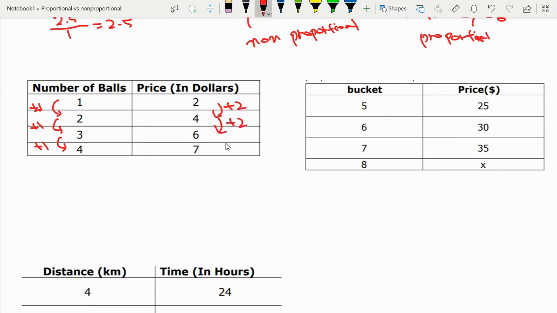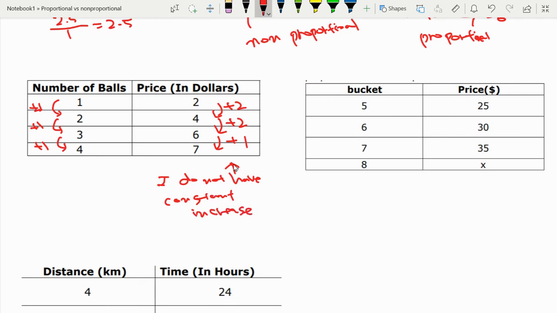Oh, wait a minute, 6 becomes 7, I add 1. I'm supposed to have the same pattern, but I do not have a constant increase.